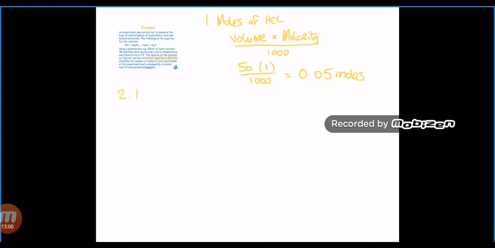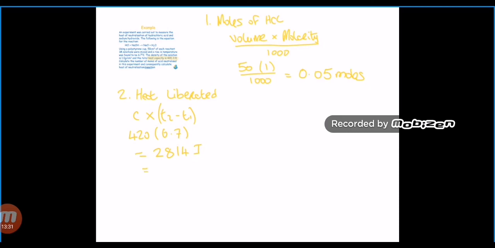So step 2 now is to calculate the heat liberated, and that is done by doing C by the temperature change, T2 minus T1. So C here is our heat capacity, and our heat capacity is 420, and our temperature change is 6.7. So that gives it to us in joules, which is 2,814 joules.